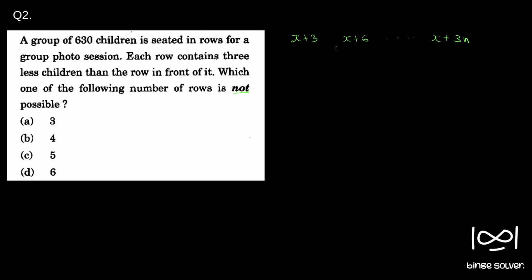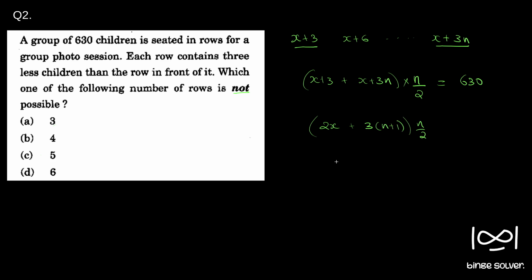So if you take the sum, there is a simple formula: first number plus the last number, which is x plus 3 plus x plus 3n, into the total number of rows n, by 2. This is the sum equation. This has to be 630. If you simplify, this becomes 2x plus 3 into n plus 1, into n by 2.